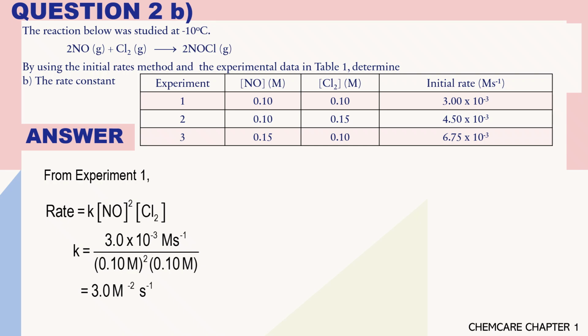So the final answer is 3 M^-2 s^-1. So the unit comes from the values, so you have to consider the power. Okay, so the M is negative 2 and the s is negative 1. So 1 mark for the insertion value, 1 mark for the final answer.